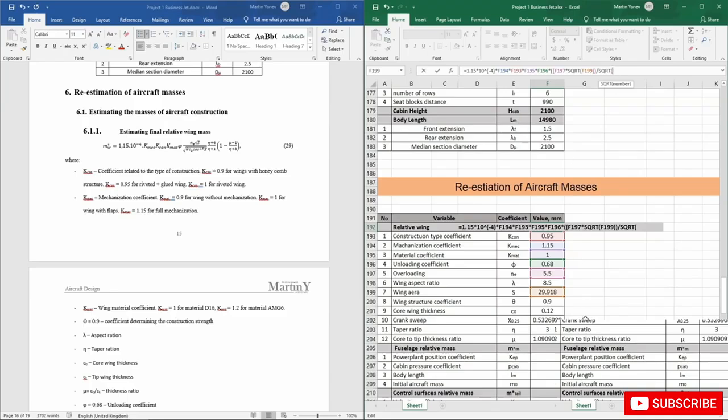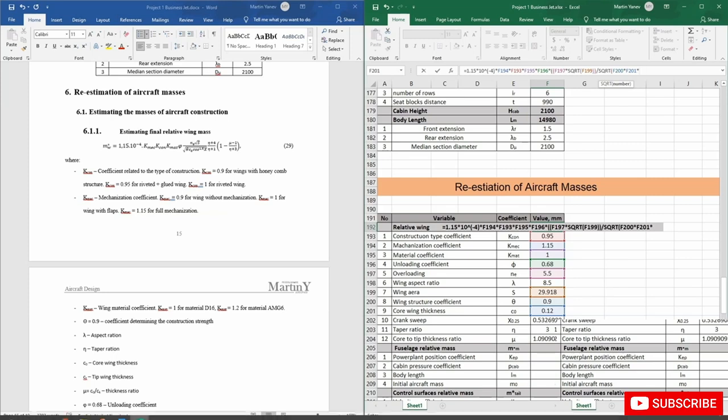Inside the square root I will place the wing structure coefficient, multiplied by the core wing thickness, and then multiplied, and this one is a bit tricky, because you need the cosine of the crank sweep, but this angle is in arctangents, it's estimated in arctangents, and what we need is the value of the actual angle in radians.